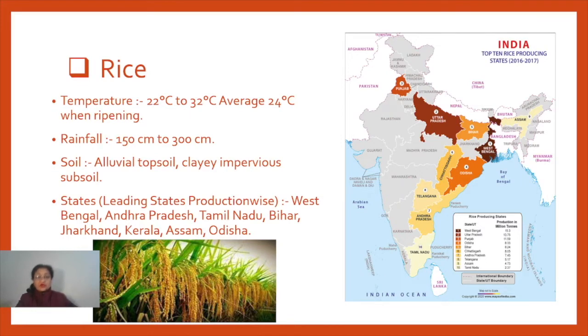That fulfills all these requirements: the temperature conditions, rainfall, along with the alluvial soil. Clear? Moreover, when the clay content in the alluvial soil is more, that is much better for rice cultivation, because it is a crop which needs standing water for a long time during its growing period.